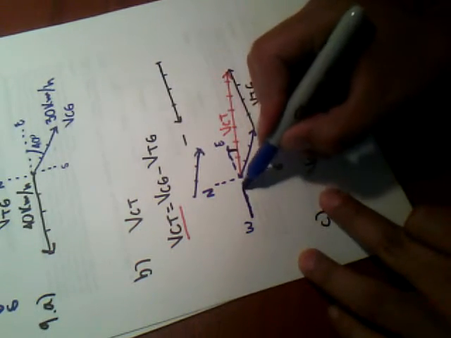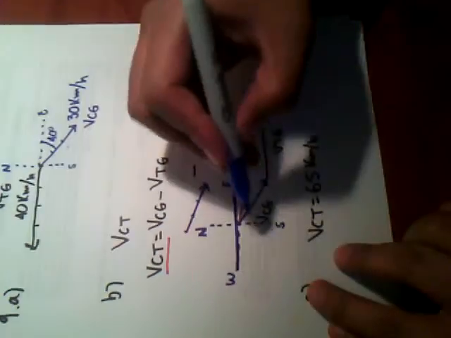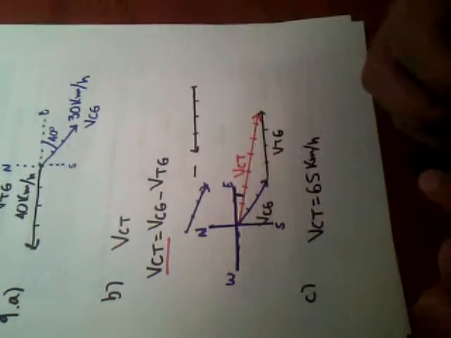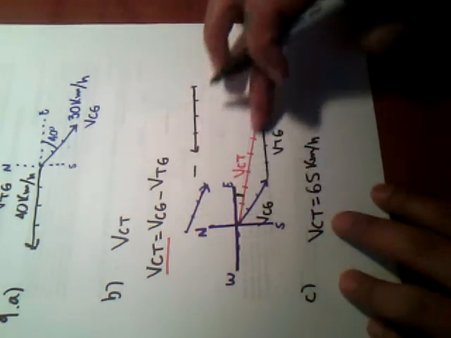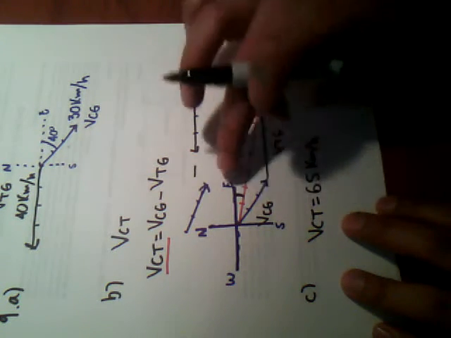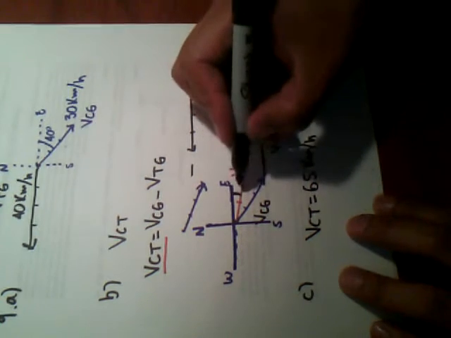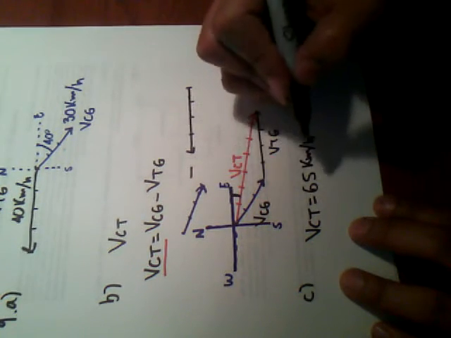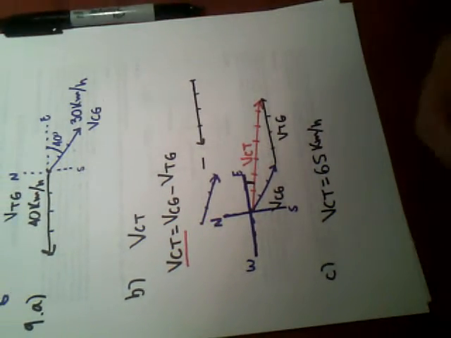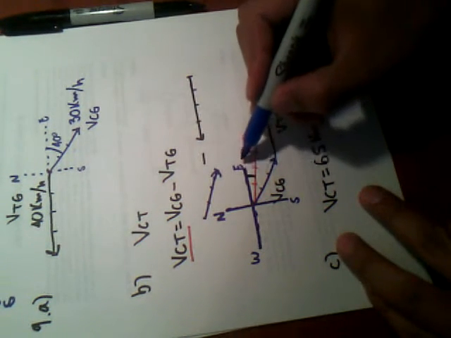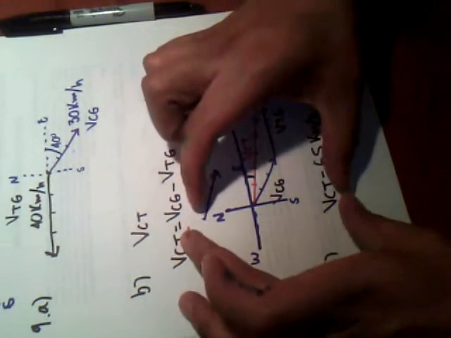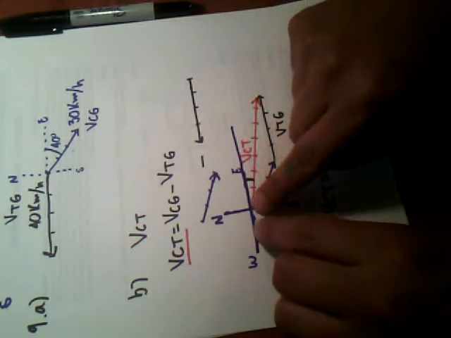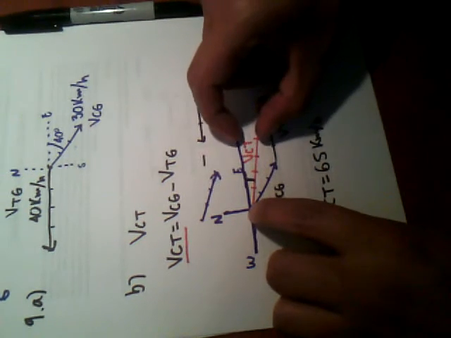So this is my west east axis, this is my north south axis, and to express this vector I need to give its magnitude, which is 65 according to the units that I measured, and I need to find this angle here. I don't have a protractor here, but what you would do is put a protractor in your diagram with the center of the protractor here, and you can measure this angle.